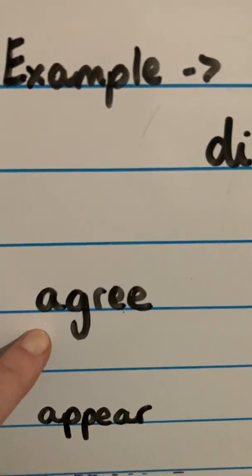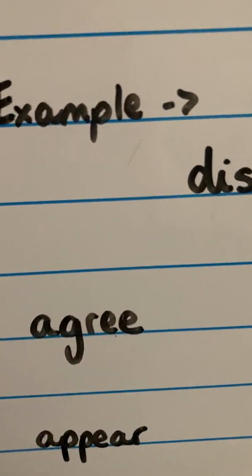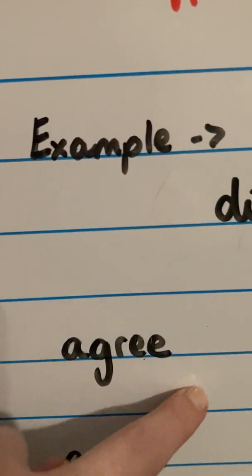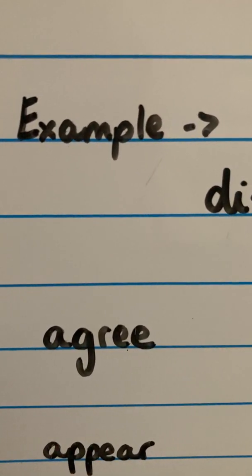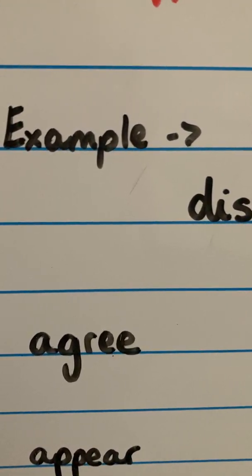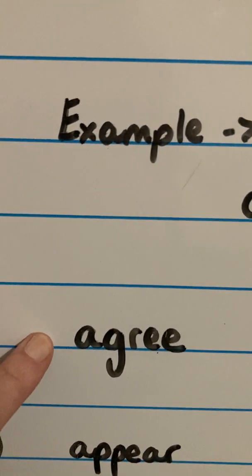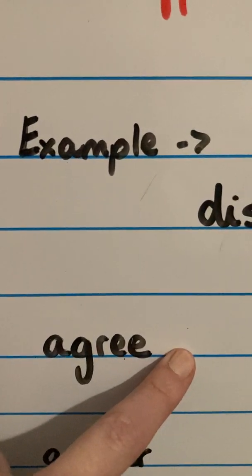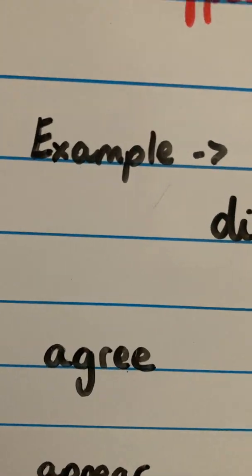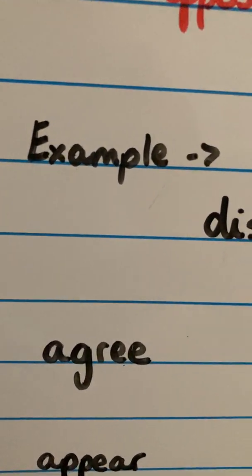So this is our first word, agree. Okay, so again, this is what we call our root word, and we have got to add our prefix dis. Now tell your grown-up on the screen, does our prefix go at the beginning of the word, or is it going to go at the end? That's right, our prefix always goes at the beginning of the word.